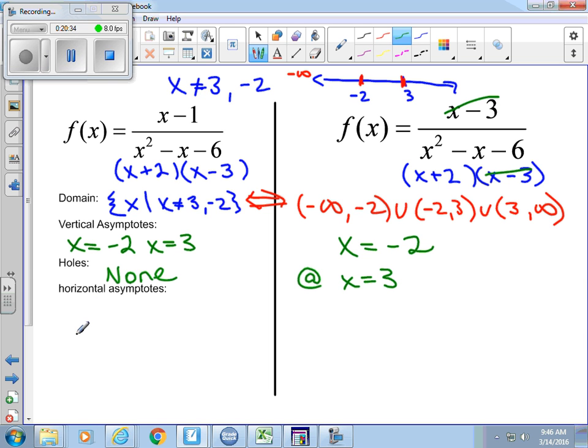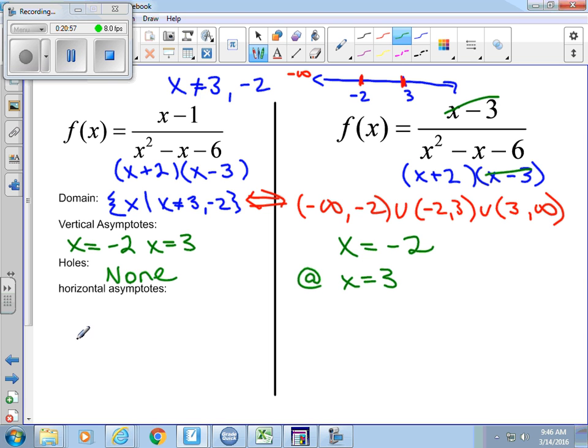Okay. Horizontal asymptotes. How are we going to find a horizontal asymptote? Follow the rules, right? What rules am I talking about? 1, 2, and 3.